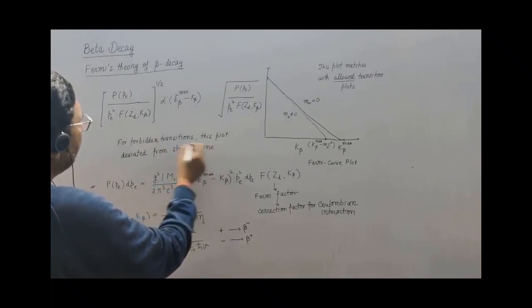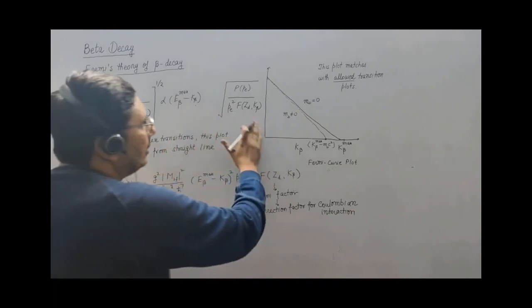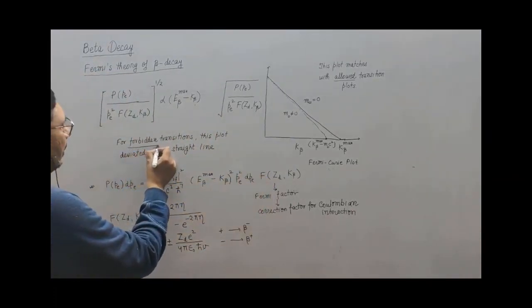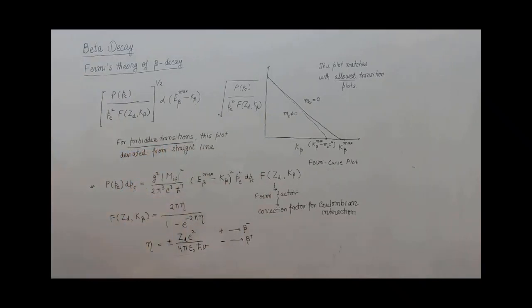So for the allowed region, the plot between these two quantities will be nearly a straight line, while for forbidden transitions it deviates from the straight line. Whatever plot they found was exactly matching with allowed transitions.